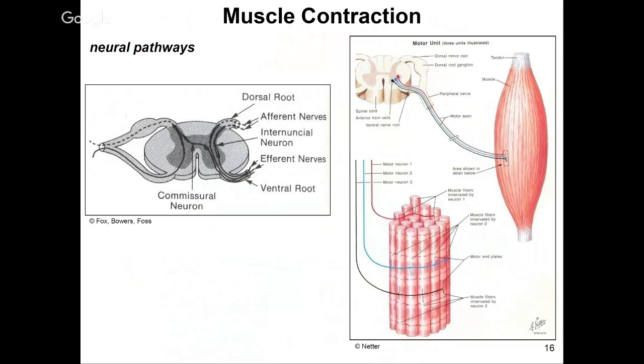So, I need to make sure I get these right. I forget which one goes to which. So I'm going to try and pull that up while I continue. So that signal travels.